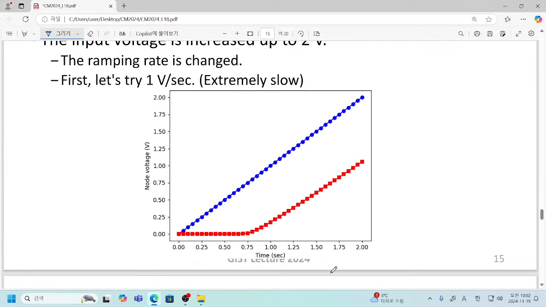For example, this one shows the same rectifier, but I just ramp our input voltage from 0 to 2 volts quite slowly. Slowly means that within 2 seconds I increase it from 0 to 2 volts. It means that I increase 1 volt within 1 second. So this is forever.